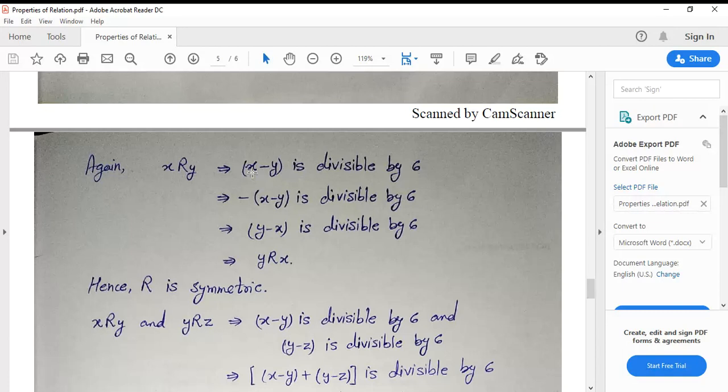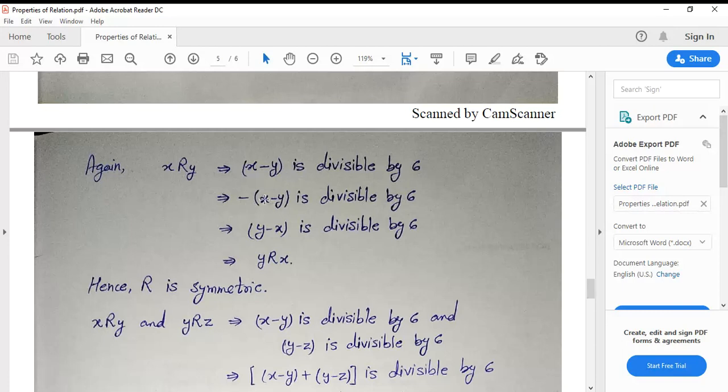And if x minus y is divisible by 6, then we say that negative (x minus y) is divisible by 6. Yes, we can say that because x and y are integers, and integers have positive and negative both. So, if the positive part is divisible by 6, then the negative part is also divisible by 6.